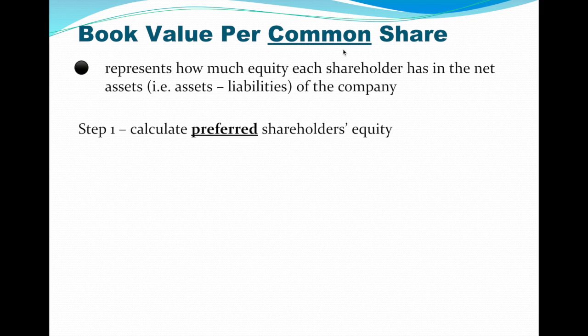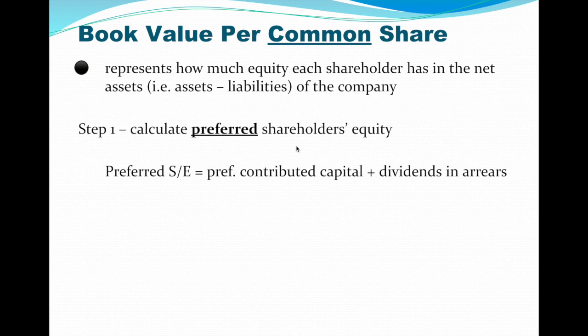In order to find the book value per common share, we need to know the preferred shareholders' equity first. Preferred SE is equal to preferred contributed capital plus dividends in arrears. A reminder from last video that this is the amount of dividends that have not been paid yet.